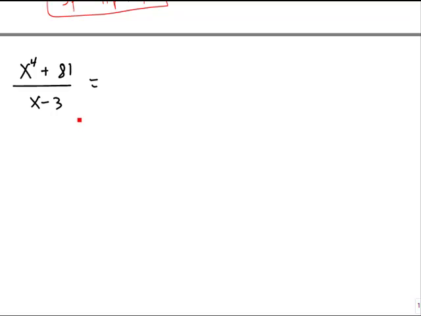So when I list out my coefficients, this is a coefficient of 1 in front of that x to the 4th. There's no x cubed, but I'm going to hold its place with the 0. There's no x squared, but I'm going to hold its place with the 0. There's no x term, but I'm going to hold its space with the 0. And then finally, we would get down to that constant term, which was 81.